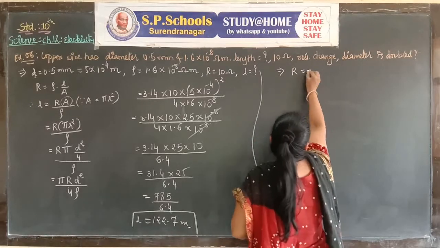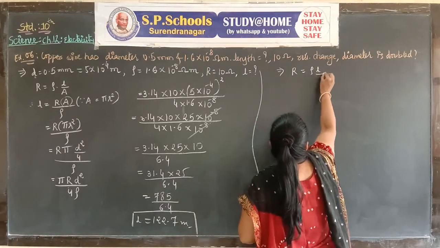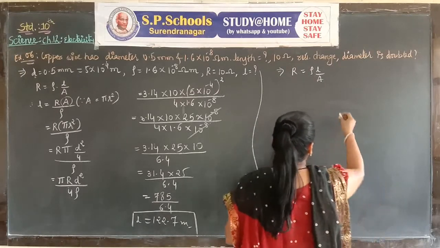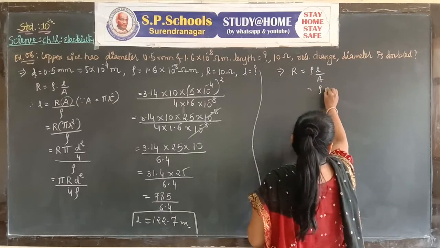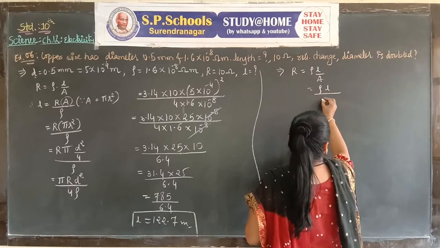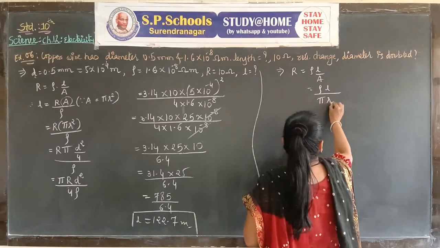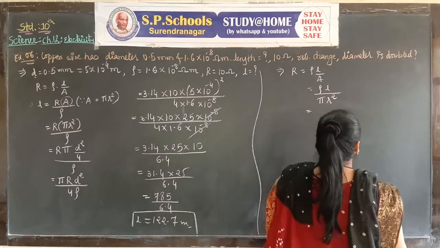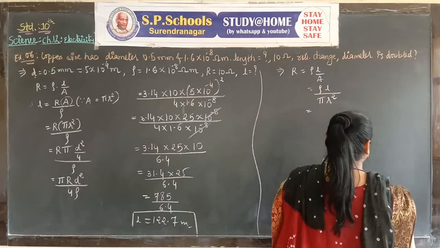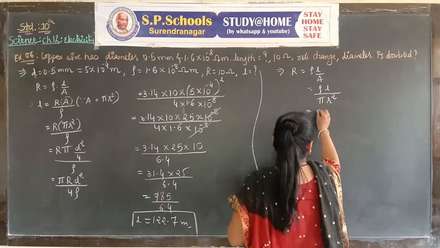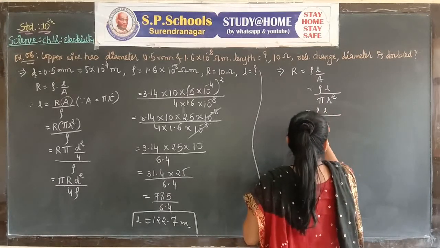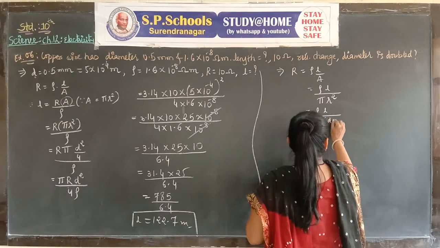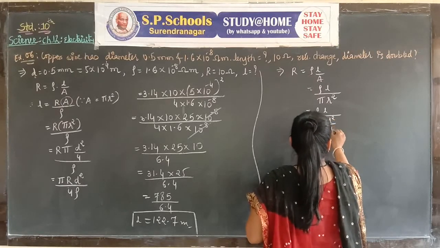R is equal to rho into L upon A. Here we take again rho into L upon pi r square, and instead of r we write d, so rho into L upon pi into d square upon 4.